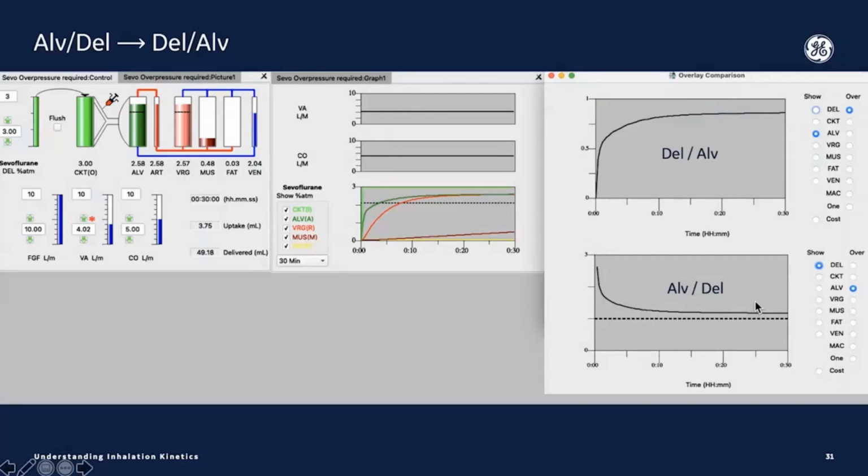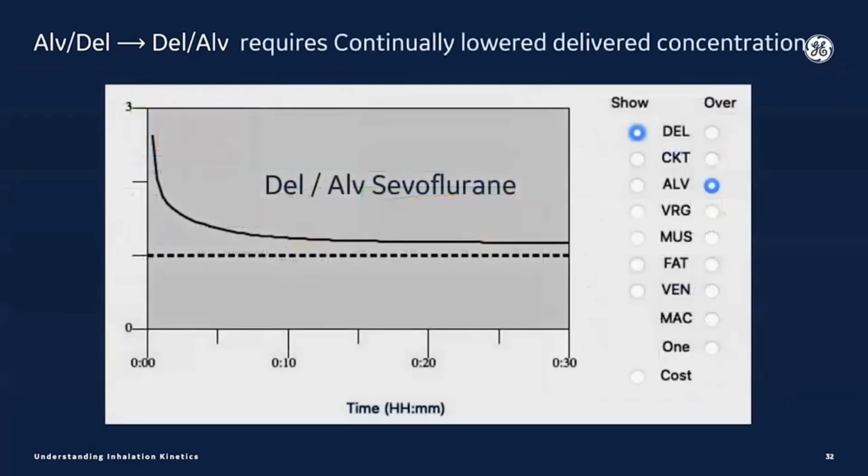This is exactly what Professor Eger showed in the original 1963 article on MAC and how we achieve it and how we maintain it. It goes back to the history of what we know about kinetics, but here we can do it with a very simple click. So this is the delivered concentration over time to achieve an alveolar of the dotted line, which in this case was 1 MAC.